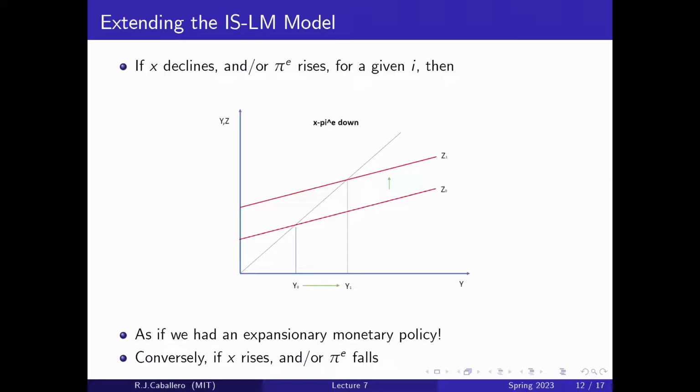And if aggregate demand goes up, then the multiplier kicks in and we end up with an expansion in output. So for a given nominal interest rate, if expected inflation goes up or the credit spreads go down, then that acts almost like an expansionary monetary policy. You get an expansion in aggregate demand.